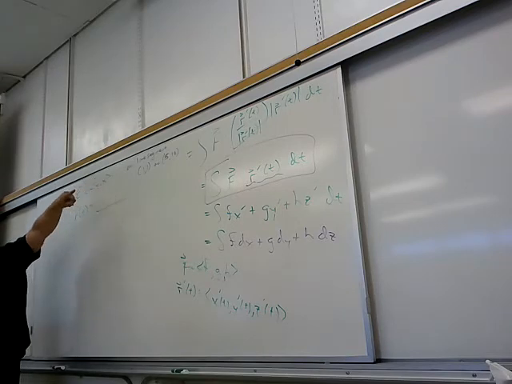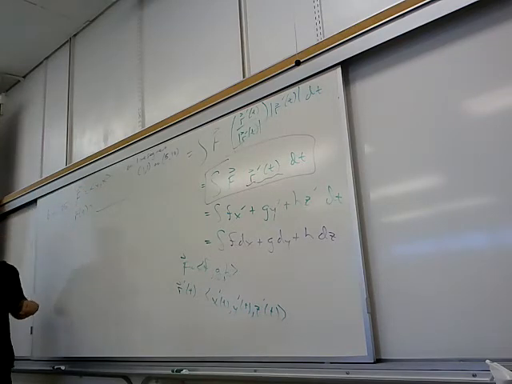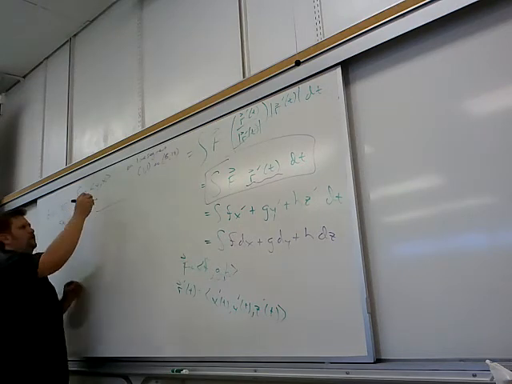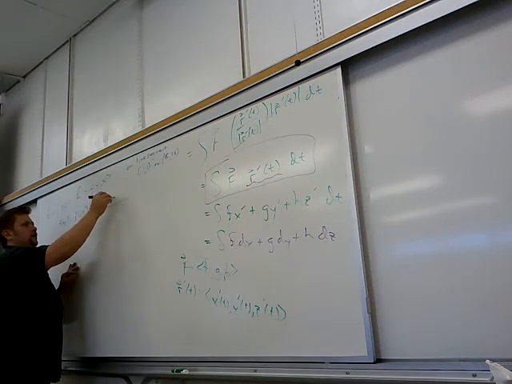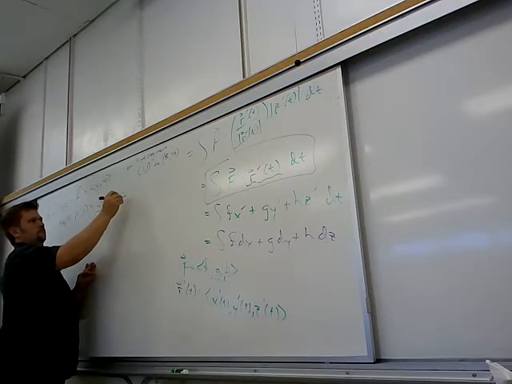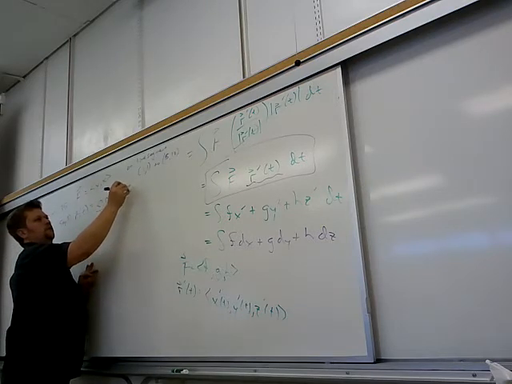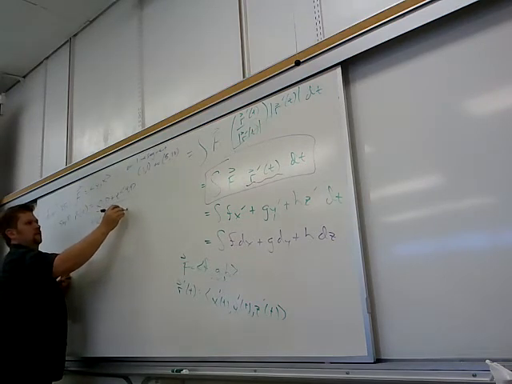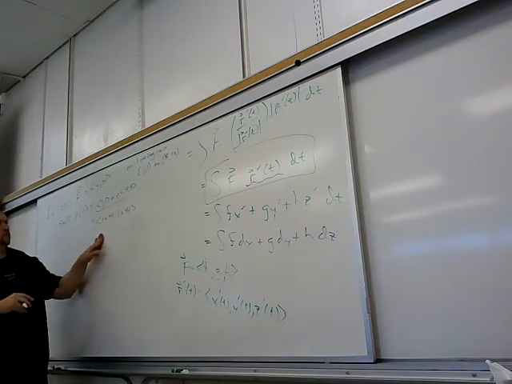What would r of t be in this case? 1, 1. That's still step 1. Yeah, it's going to be 1, 1 plus t times 4, 9. Otherwise known as 1 plus 4t. Beautiful.